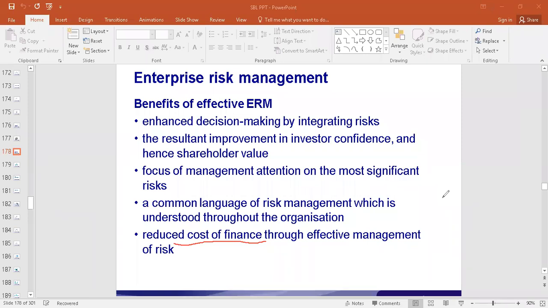The reason is, we have already discussed improved investor confidence, so there is an assurance among the investors that risks are effectively dealt with. Therefore, they are confident about the organization managing the risk. So there is no uncertainty which can be seen. So they are assured of earning a return on that.